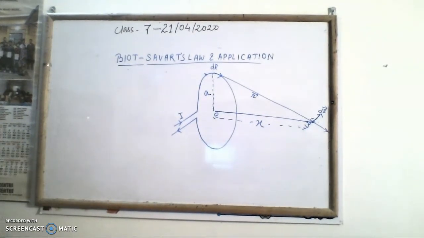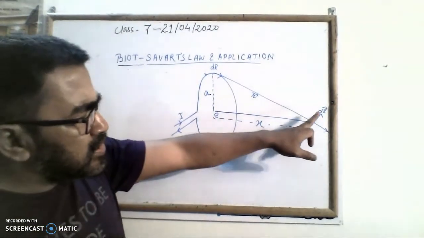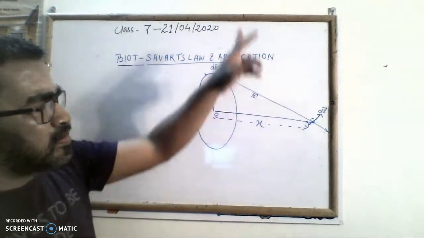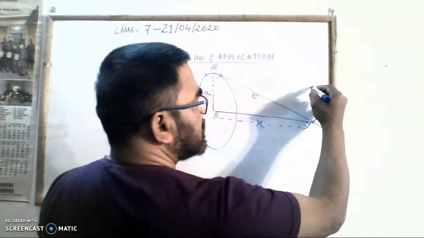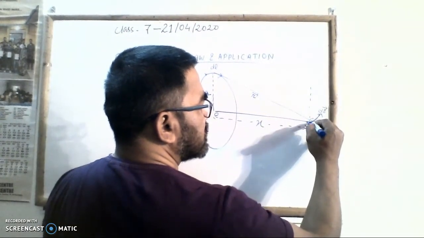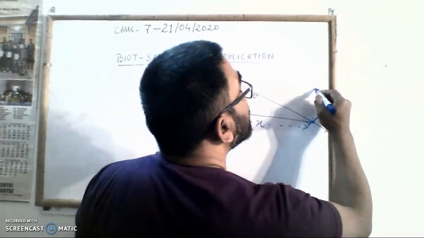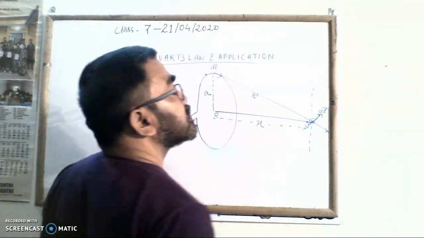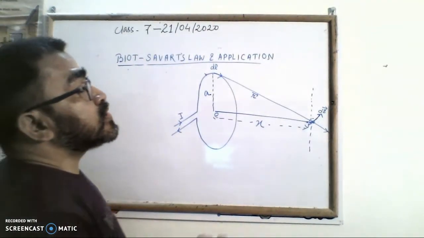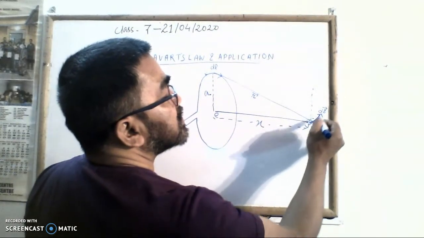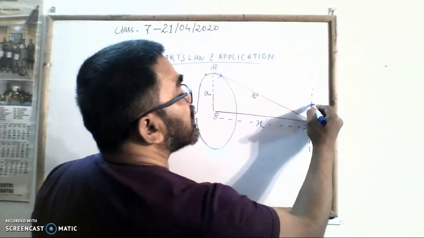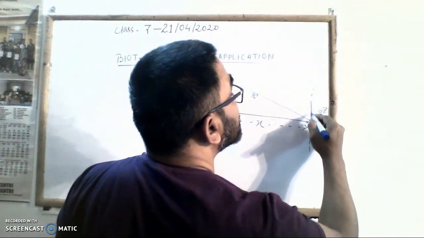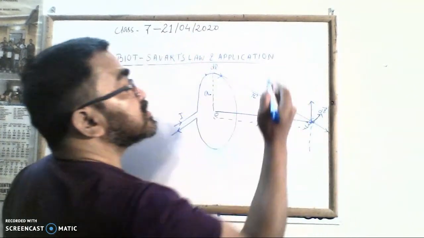Now you see, dB is inclined with the normal direction. What is the normal direction? This is the normal direction. And so the dB vector has one component along this direction, in the normal direction.